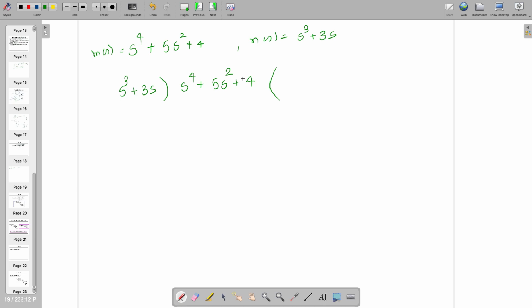When I want to divide, I'm going to multiply this with s. So that will give me s raised to 4 plus 3s square, and I'll make the subtraction. So this will be 2s square plus 4, right? This I can write down as, if I am making the division of these two functions, m of s divided by n of s is equal to s plus s cube plus 3s divided by 2s square plus 4.